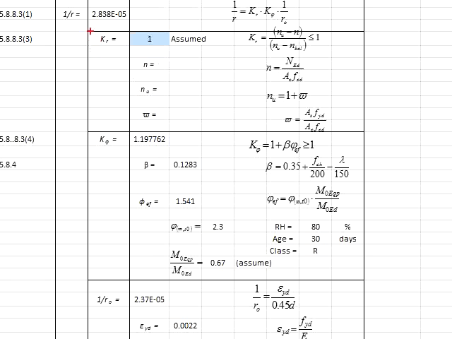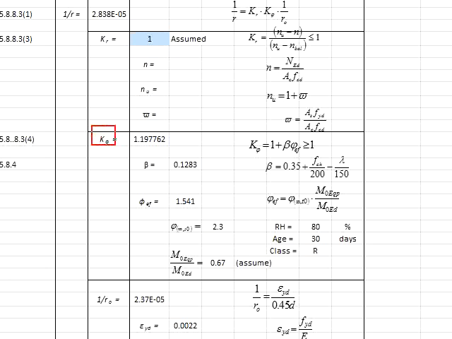As demonstrated here, Kr, K dot, and also 1 per r naught. The formula for the Kr is given here, where the respective formulas are given here. The Kr now is assumed to be equal to 1.0.